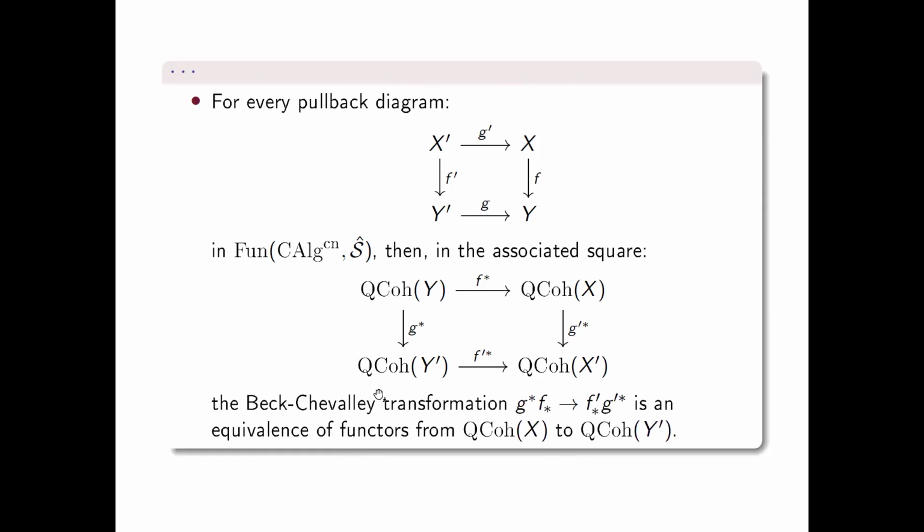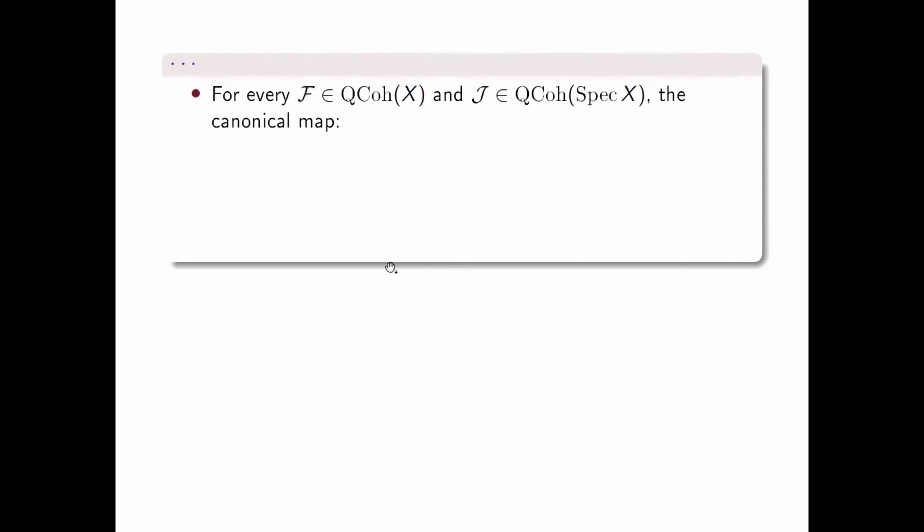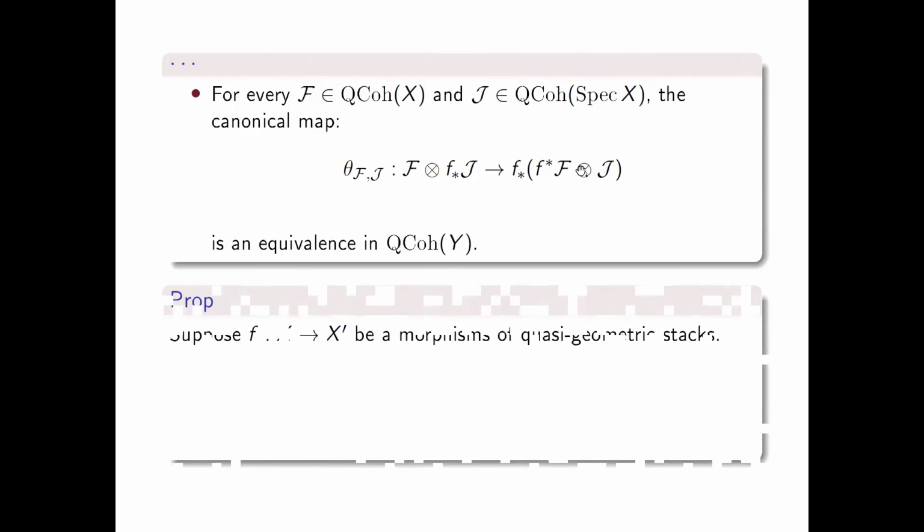The Beck-Chevalley transformation G upper star F lower star to F dash lower star G dash upper star is an equivalence of functors from Q bar X to Q bar Y dash. And for every quasi-coherent sheaf F on Y and J in Q bar of X, the canonical map from F tensor F lower star J to F lower star applied to F upper star F tensor J is an equivalence in Q bar Y.